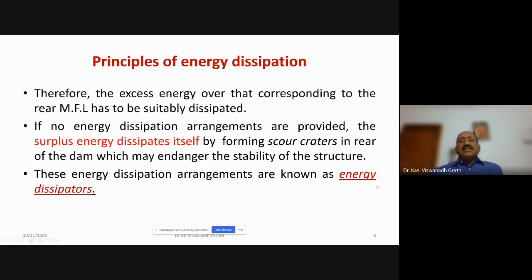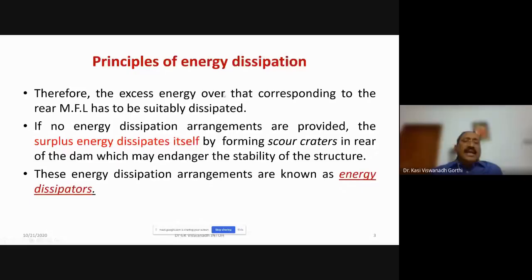So our main concentration is to see that the energy is safely dissipated at the downstream foot of the spillway. The excess energy over that corresponding to the maximum flood level has to be suitably dissipated.